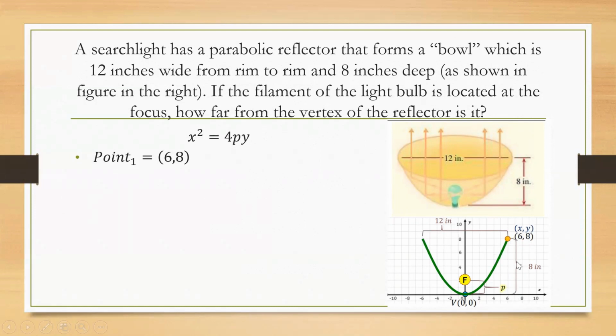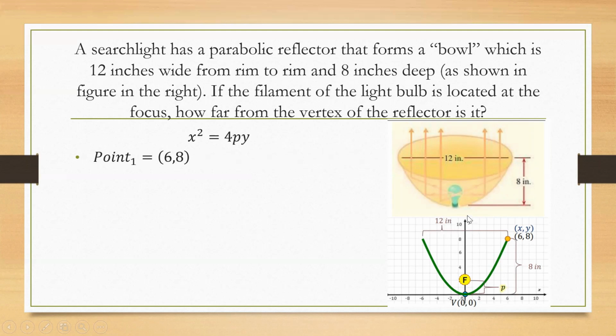So the y value for this point will be 8. And the x value for this point will be 6. Why? Because again, this part here is 0.